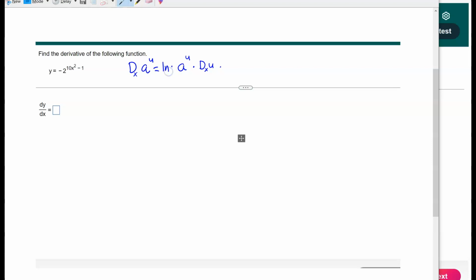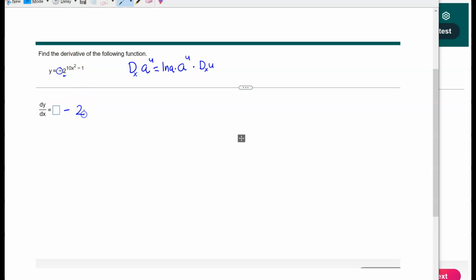So ln a, ln of the base, times a to the u times the derivative of u with respect to x. So in other words, to differentiate this, you copy that negative sign first. So copy negative, and then the base here is 2.